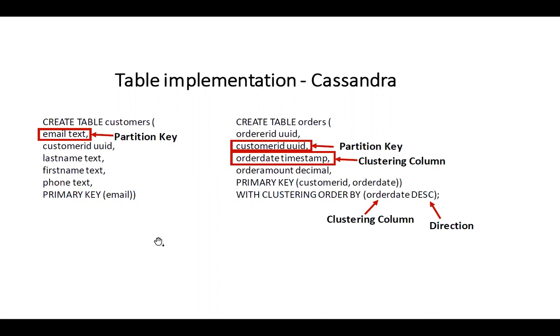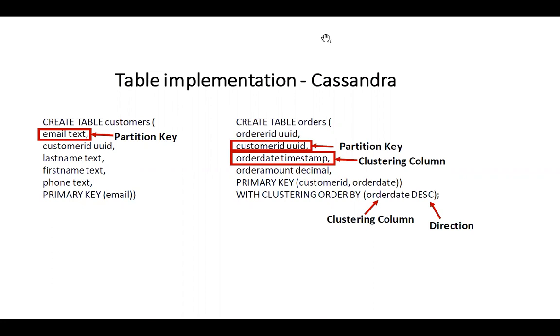Because our business requirement dictated that we look up a customer's profile, contact info by email, we have to make this the partition key. And this is also unique enough to function as the PK.